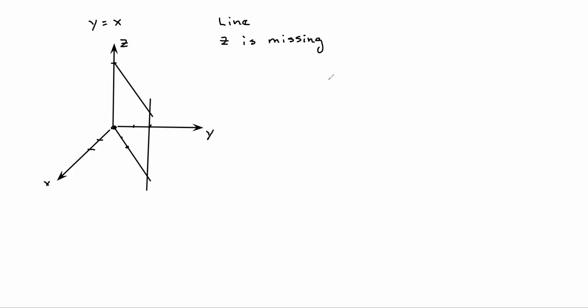Okay, the next thing that we're going to look at is graphing intersections of objects. There's a bunch of different ways to describe this next part. You can think of it as an intersection of objects.